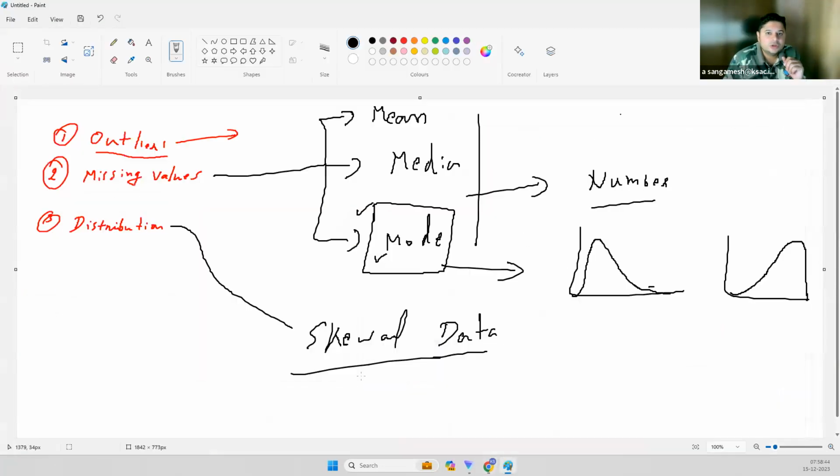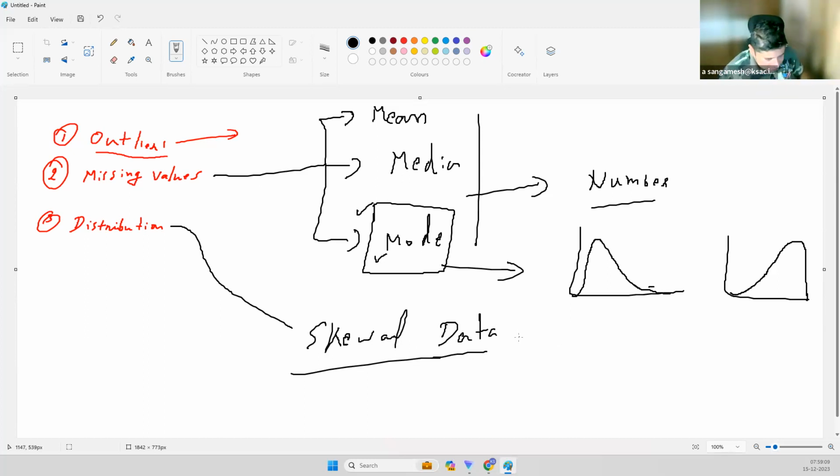Whenever you have skewed data, there are certain machine learning algorithms. For example, one of the assumptions of the linear regression model is that the data needs to be normalized. When you have skewed data and a machine learning algorithm requires the data in a particular fashion, things will go wrong. For that specific reason, we do normalization.